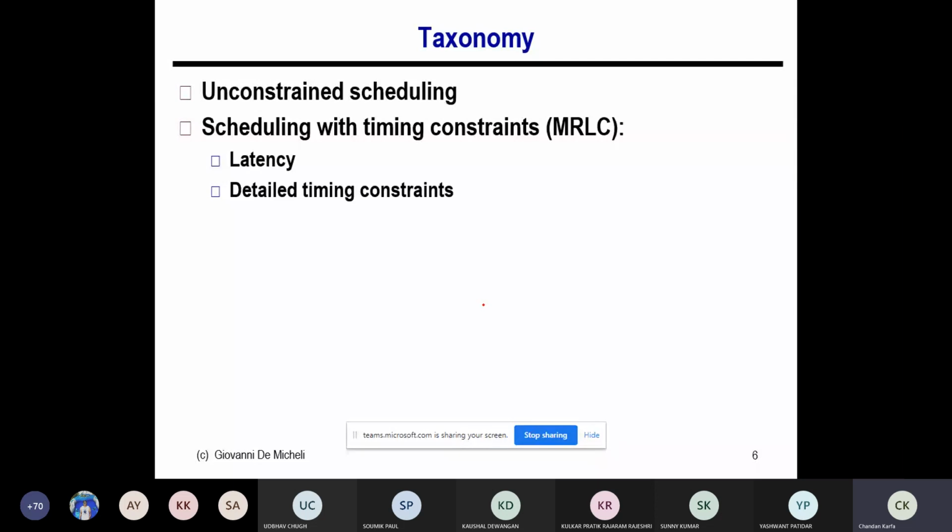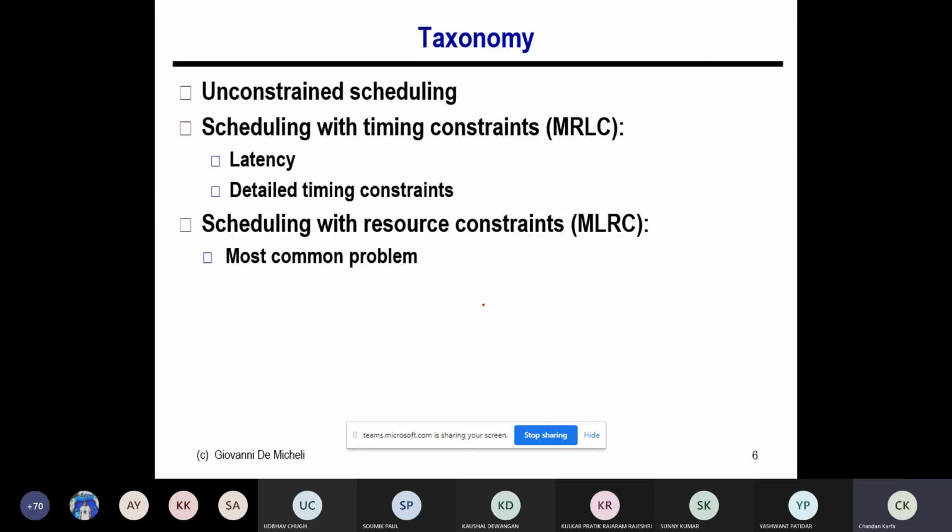Now, for this scheduling, as I told you, if you try to optimize the area, your latency will increase. If you optimize the latency, your area will increase. So there is a trade-off. Based on that, there are three types of scheduling. One is called unconstrained scheduling. Unconstrained basically means there is no constraint.